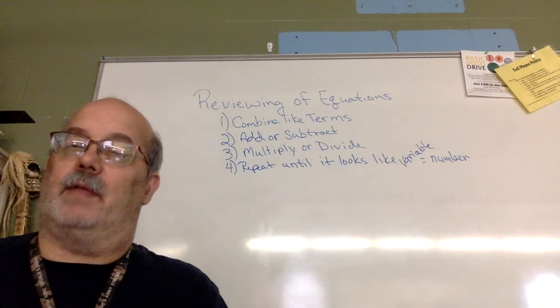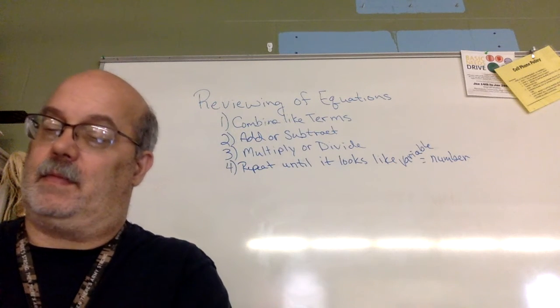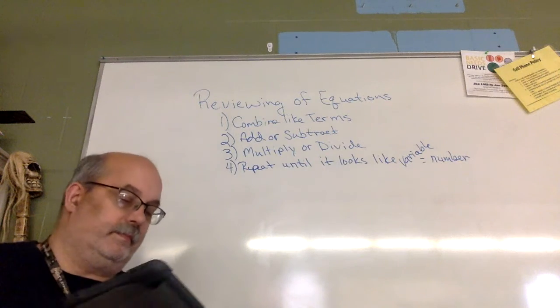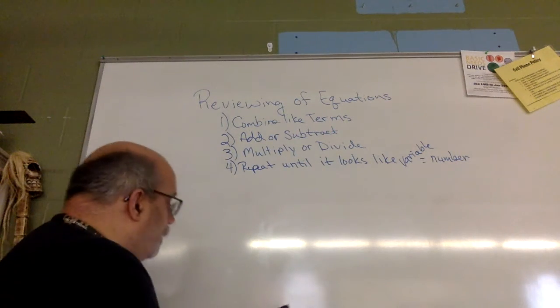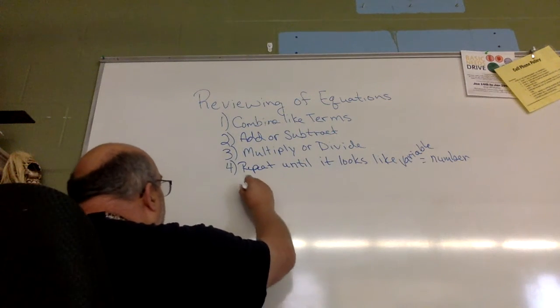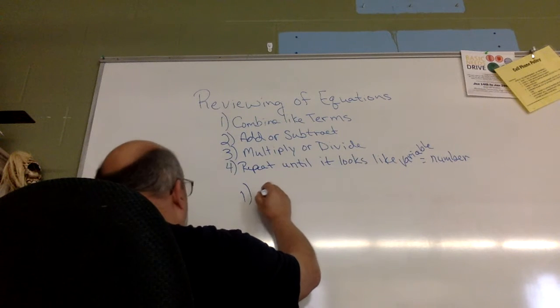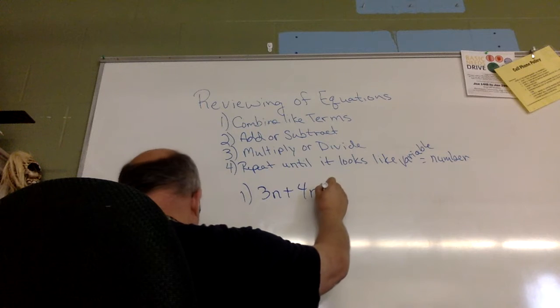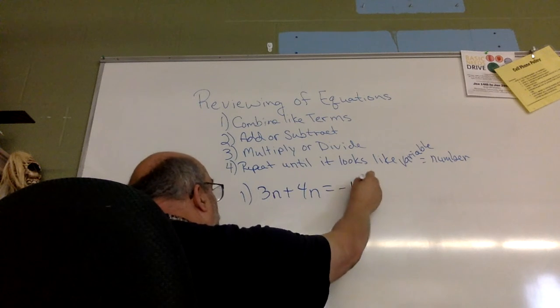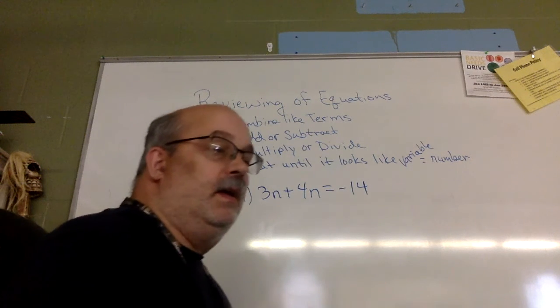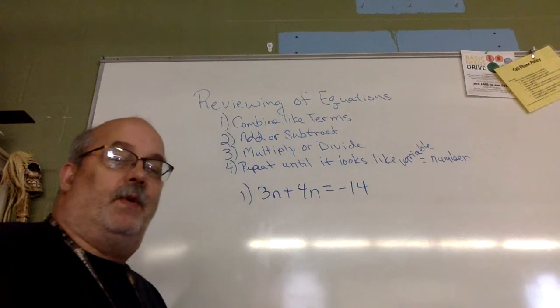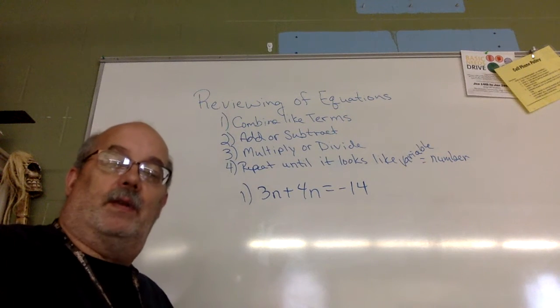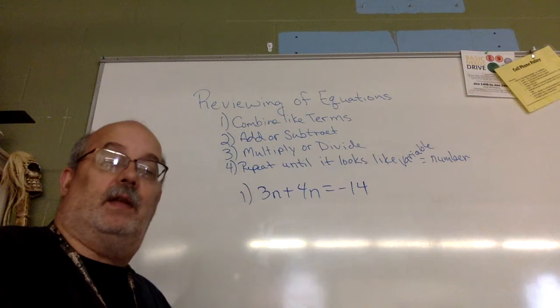So let's start with a couple of problems. My first problem is 3n plus 4n equals negative 14.